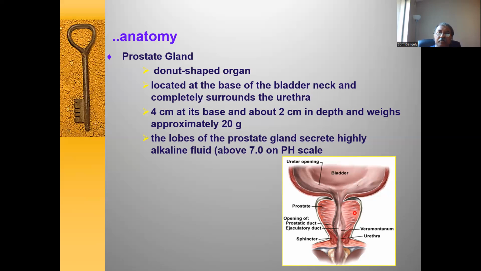That is when we call benign prostatic hypertrophy, and the surgeon needs to go in there and resect the prostate partially or totally. They can do endoscopic resection or open resection of the prostate.